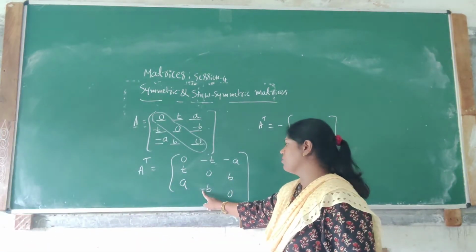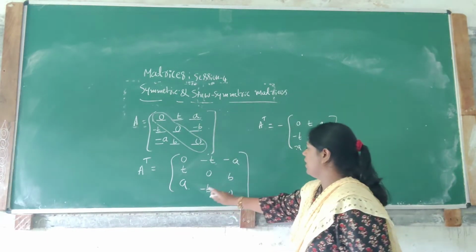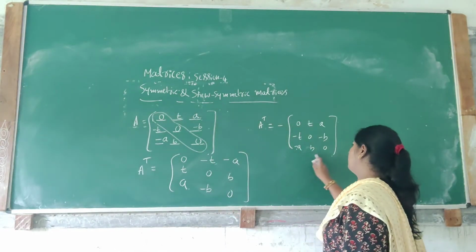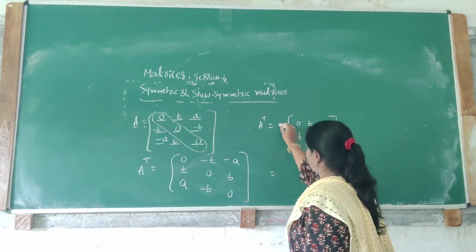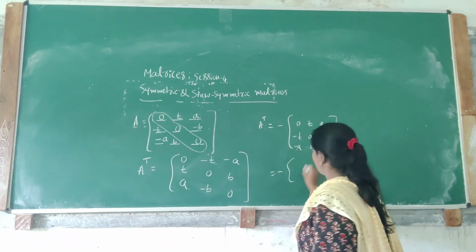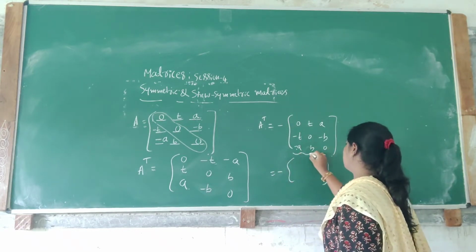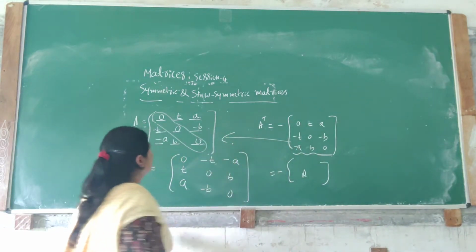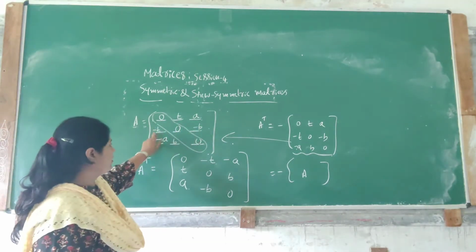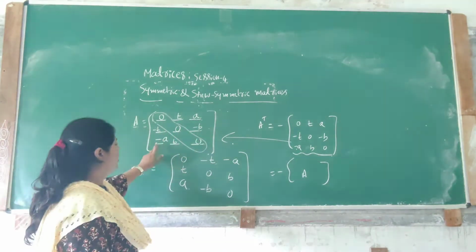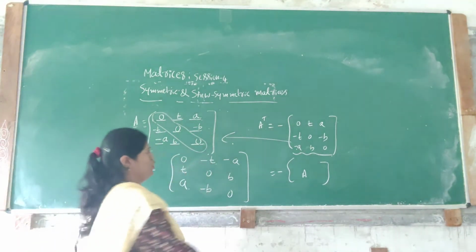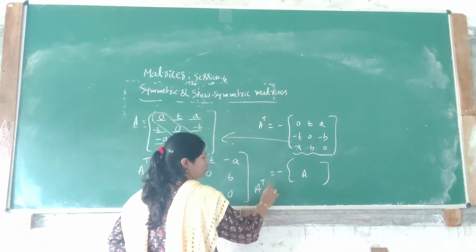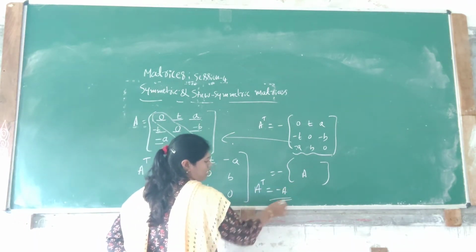We should not write minus, minus becomes plus. A minus A, B 0. So this minus is common. What is this matrix? This matrix is called A. So 0 P A, minus B, 0, minus B, minus A, B, 0. Therefore A transpose is equal to minus A.